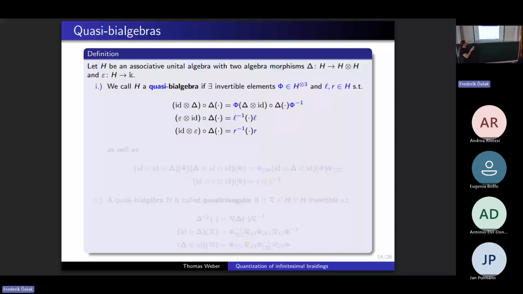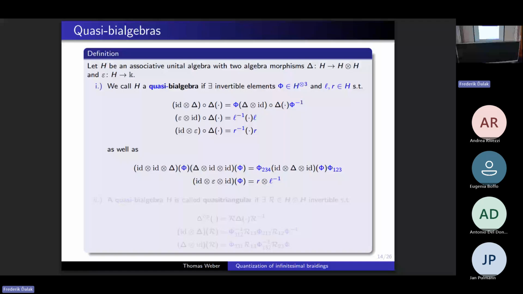The blue part is the new part, the quasi part, which makes things more complicated. If you set phi and L and R equal to 1, you get the well-known definitions. There are some extra properties that have to be satisfied, but it's not too crucial.